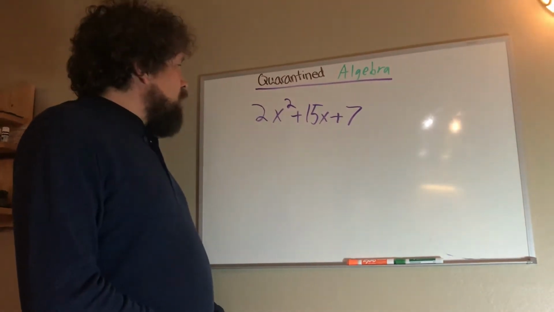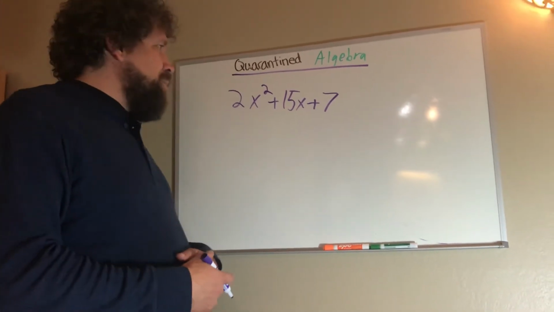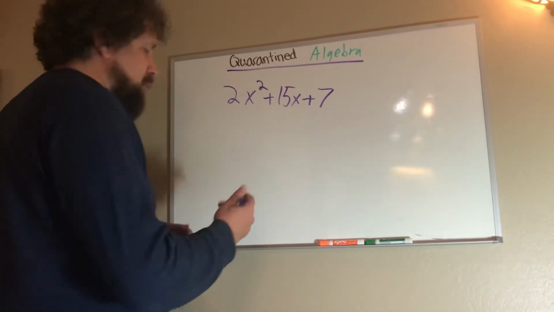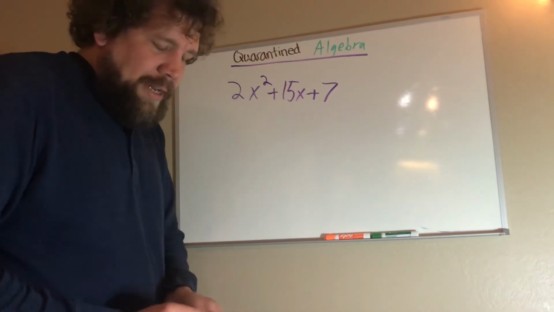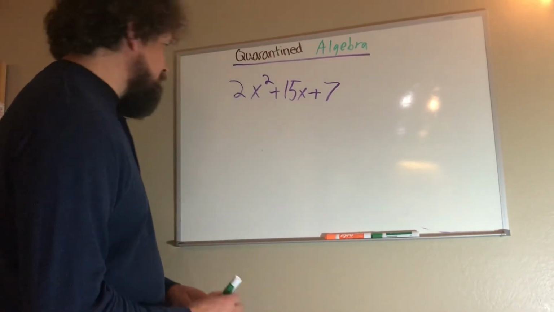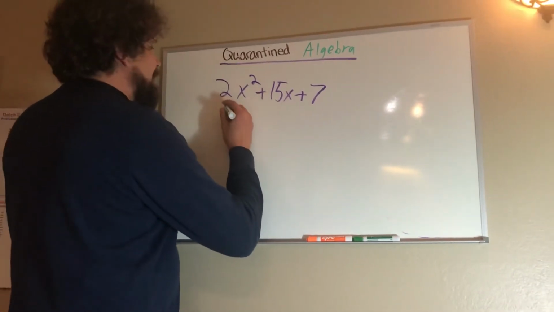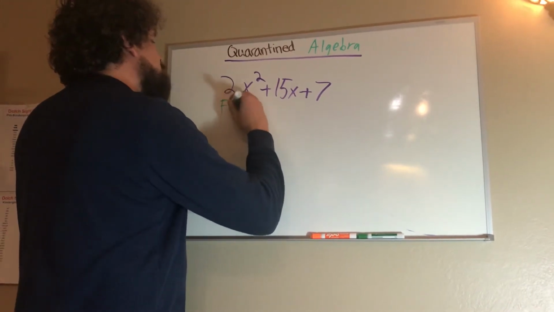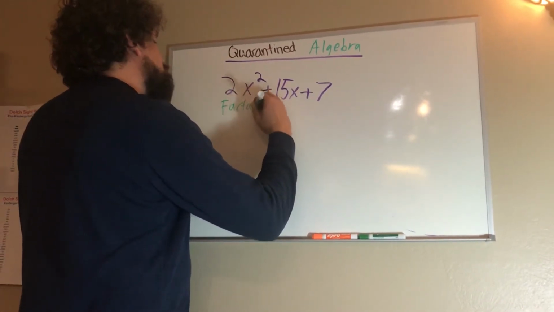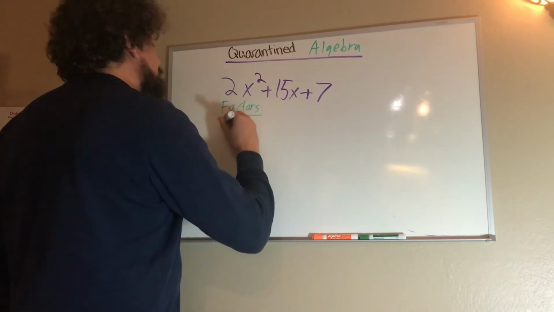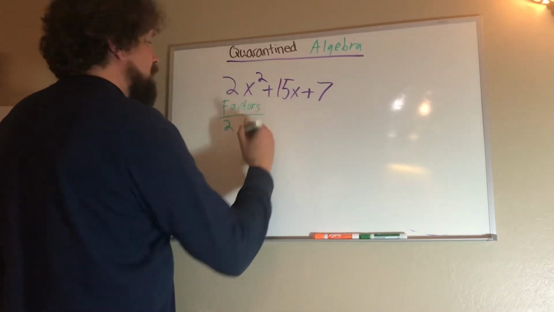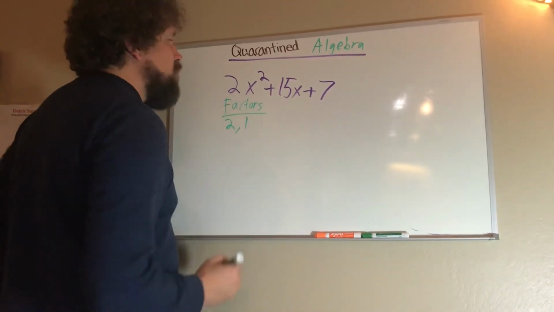All right, so for this one, I'm not going to do the box method. I don't want to do that. I want to set up my factors like I did in the notes yesterday, the Google slide type notes, okay? So factors, right here, we've got 2 and 1, okay? That's not so bad. 2 and 1.